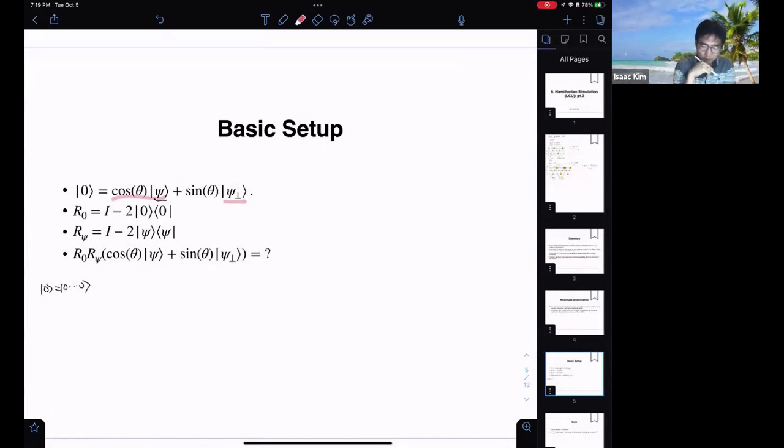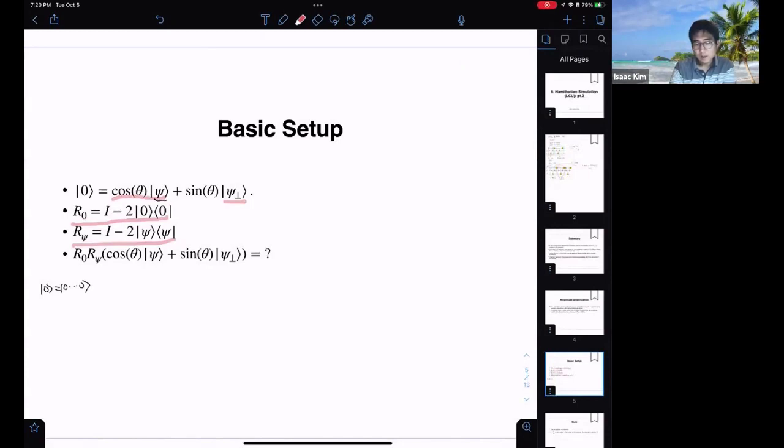And what is given to us are two unitary operations. One is this R0, which is basically a phase operation. It gives a phase of -1 if you're in the state 0, and it gives a trivial phase otherwise. And the other operation is similar to R0, except that instead of applying a phase only to the 0 state, you're applying a phase to this psi state.